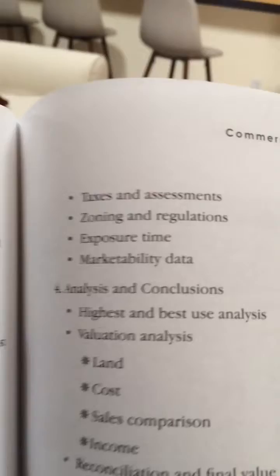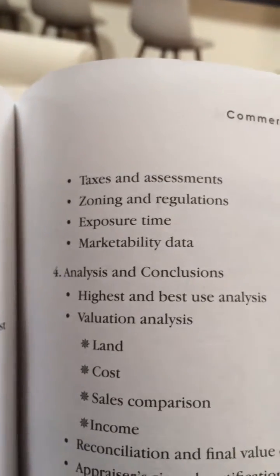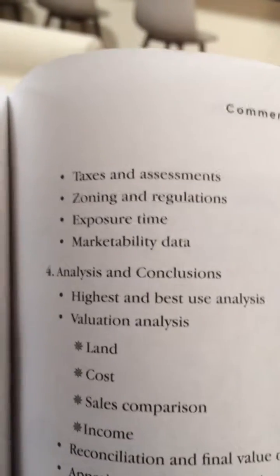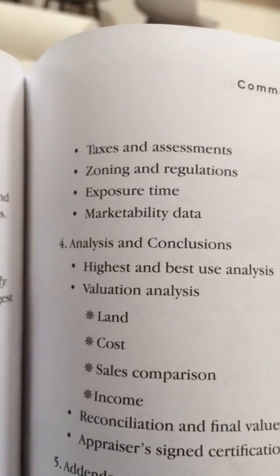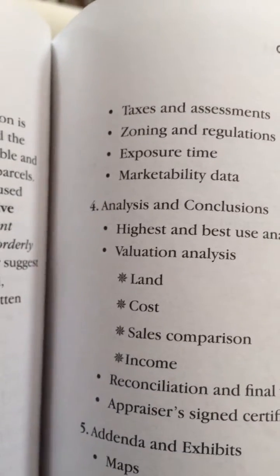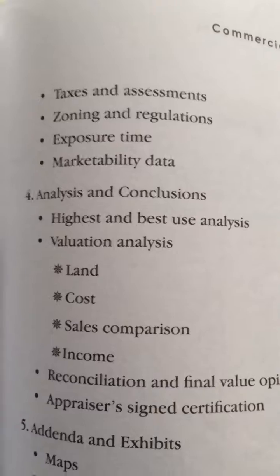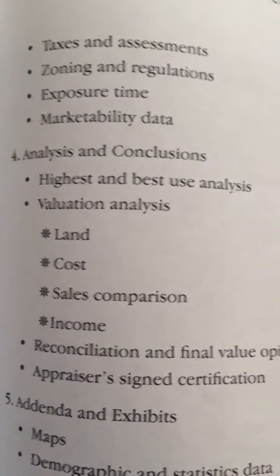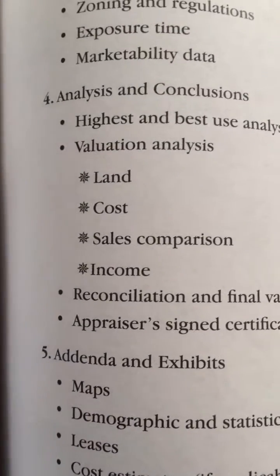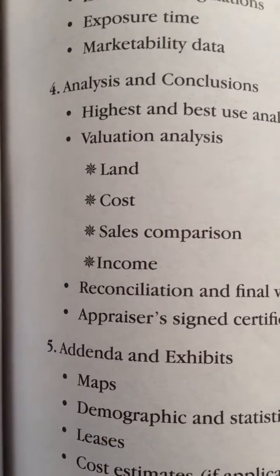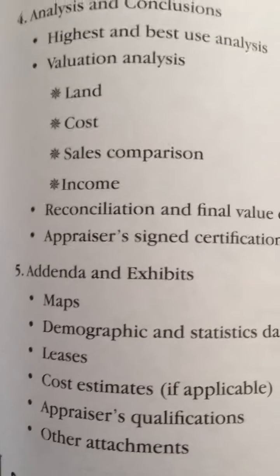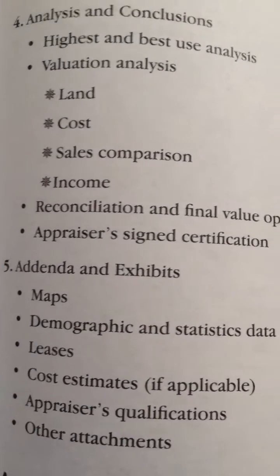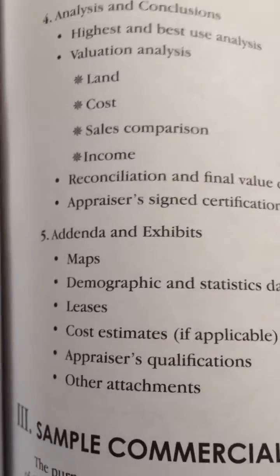Taxes and assessments, zoning and regulations, exposure time, marketability data. 4. Analysis and conclusions, highest and best use analysis, valuation analysis, land, cost, sales comparison, income, reconciliation and final value opinion conclusion, appraiser's signed certification.